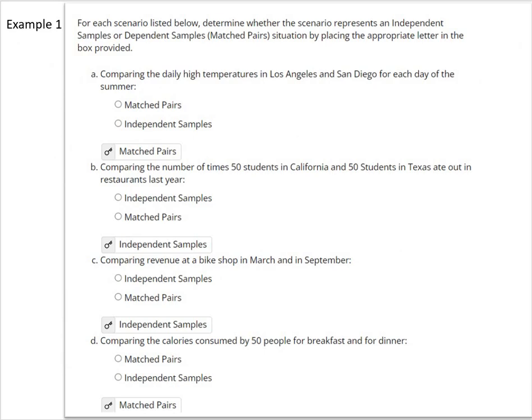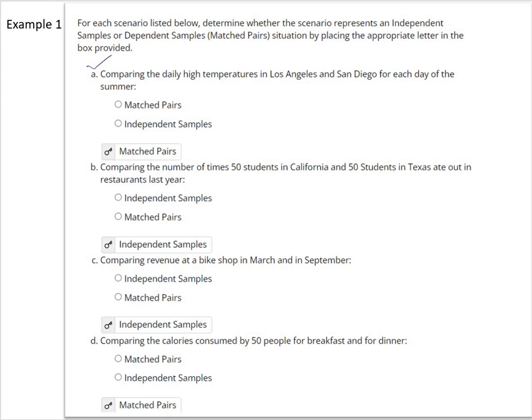Here is the first example. For each scenario listed below, determine whether the scenario represents independent samples or dependent samples, or matched pairs. First one: comparing the daily high temperature in Los Angeles and San Diego for each day of the summer.